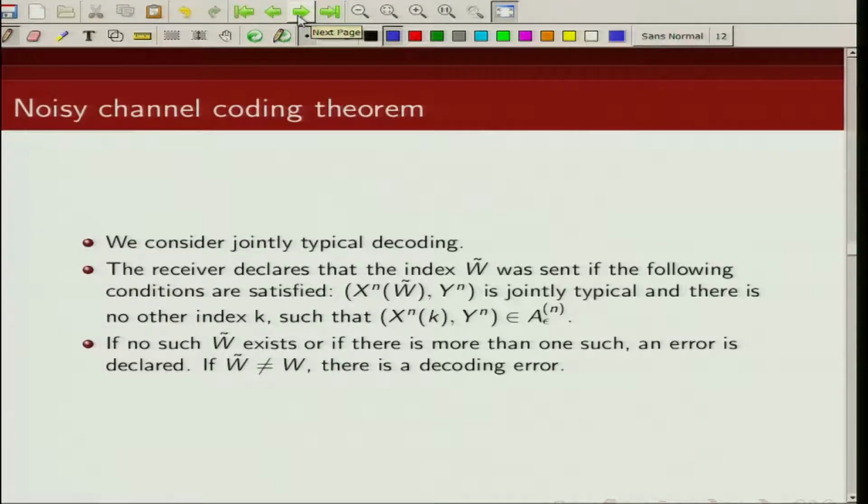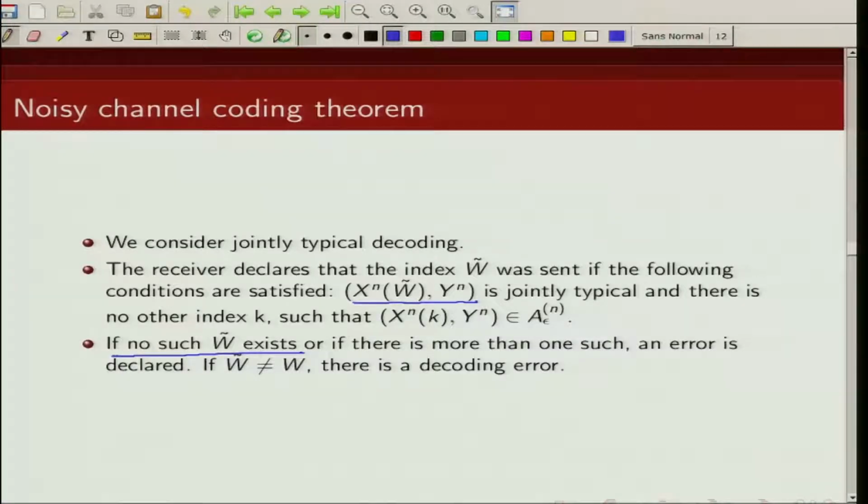So when will an error happen? An error will happen when you send index W and you decide in favor of some other index which is not W. So an error can happen in typical set decoding if there is no W tilde, that means there does not exist any index for which the pair x^n(W tilde) and y^n is jointly typical. That is one condition.